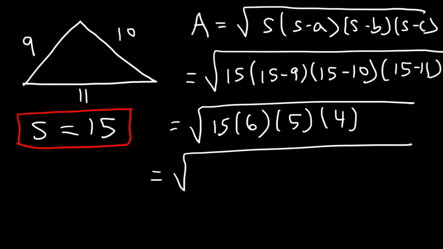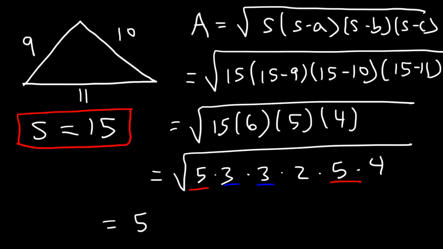Now let's see if we can simplify this an easier way. 15 can be broken into 5 and 3, and 6 is 3 times 2. I'm not going to change the 5, and the 4 I'm going to leave alone. So basically, these two 5s can come out as a single 5.